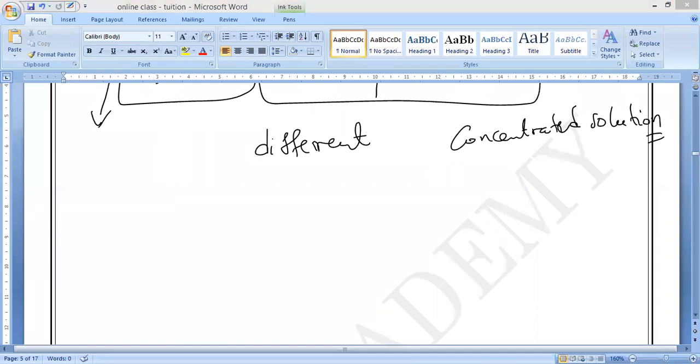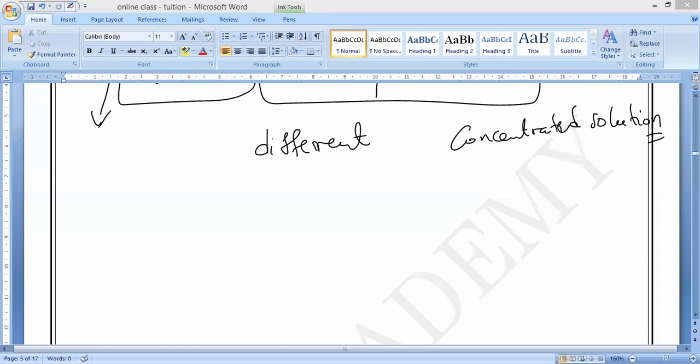Depending upon the amount of solute present, some may have more solute, some may have less solute. Is it yes or no? So we can prepare many salt solutions of different concentration by dissolving different amounts of salt in the same quantity of water.